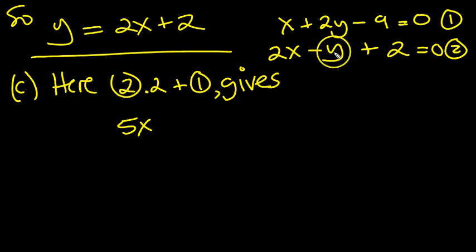And then 2 of these, minus 2y, plus one of those, 2y, they cancel, that's why we're doing it. 2 of these, 4, plus one of those, minus 9. 4 minus 9 is minus 5, equals 0.